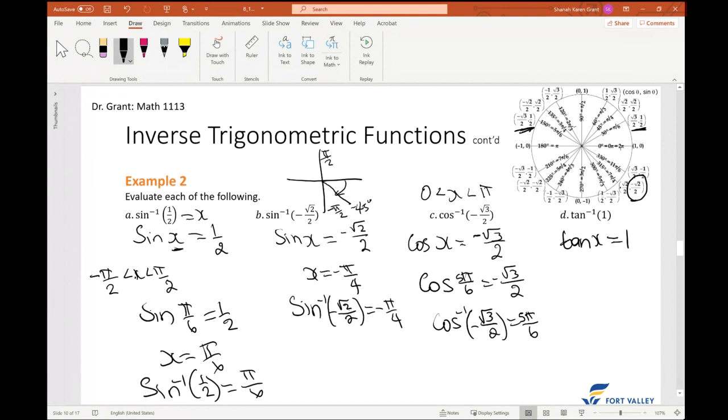And so the only angles that will give us 1 or negative 1 are the 45-degree angles where the values are the same. Since it's positive, and for tan we're looking between negative pi over 2 and pi over 2, we have to be in the first quadrant. So this is going to be pi over 4.